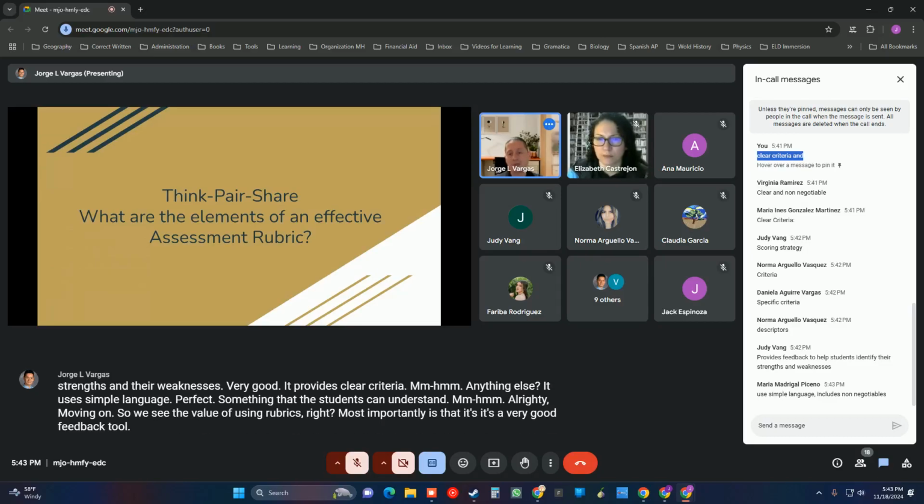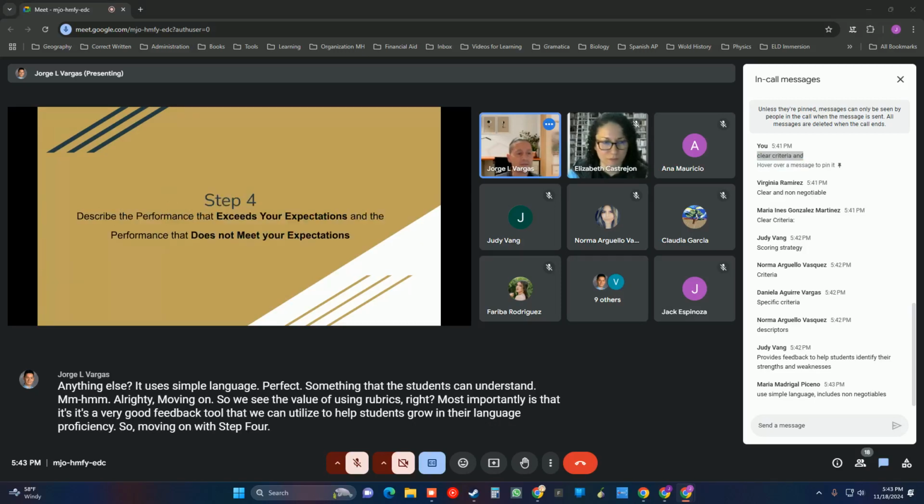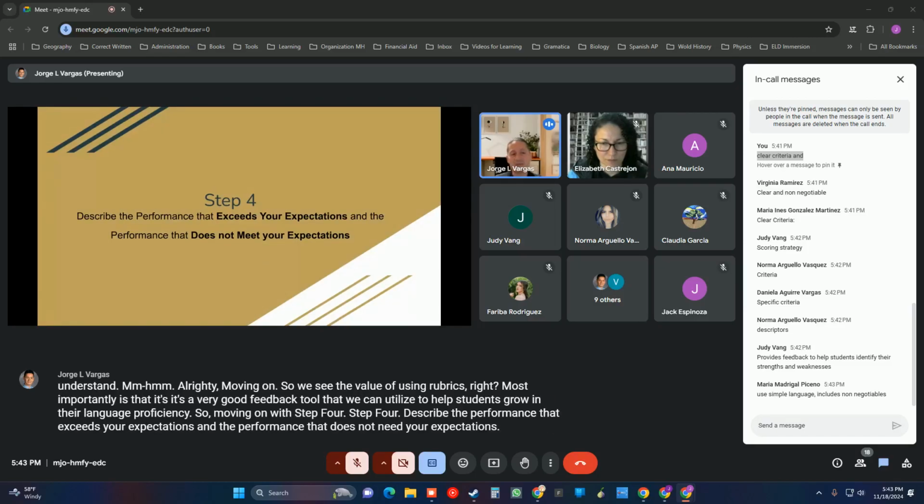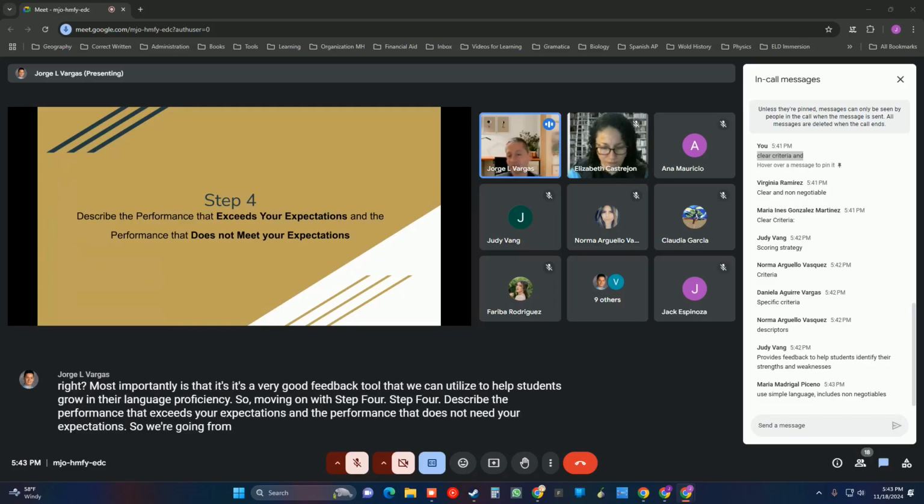In order to help students improve their performance, the rubric needs to describe the characteristics of does not meet expectations and exceeds expectations.